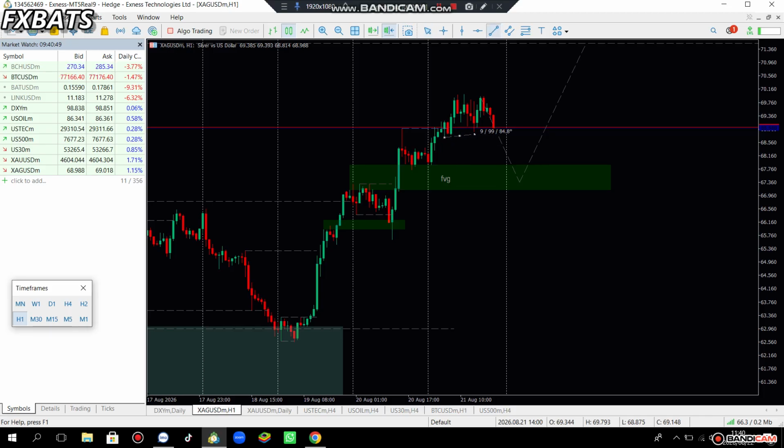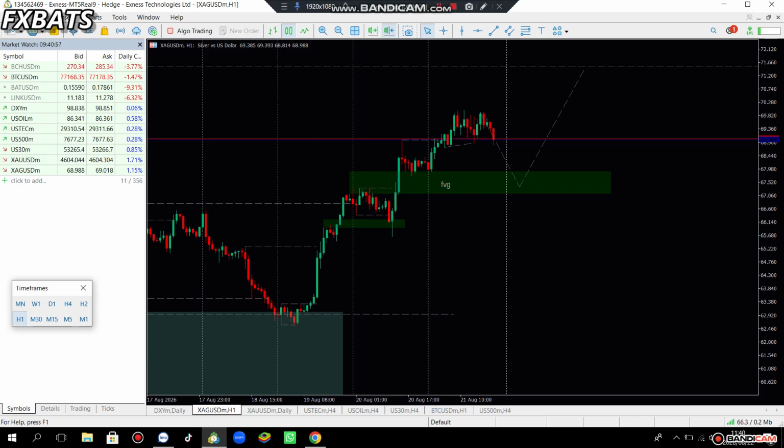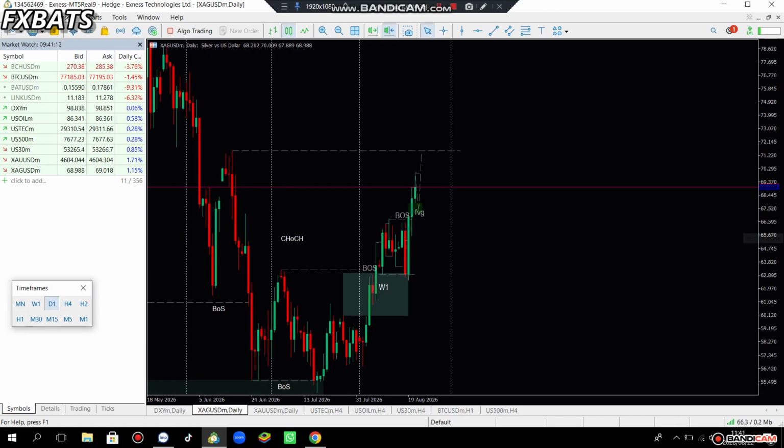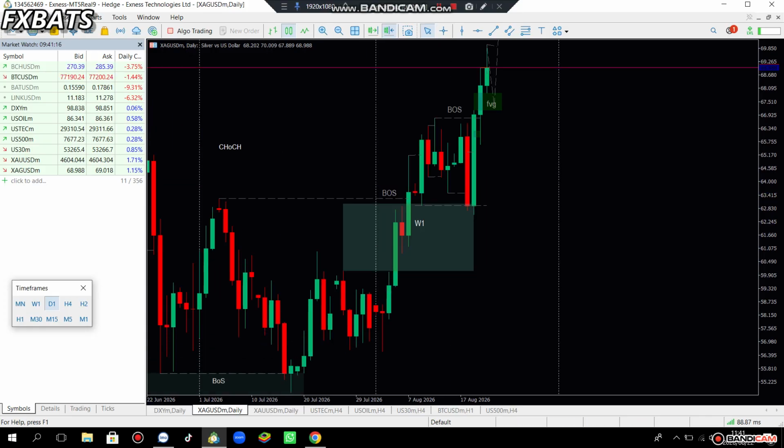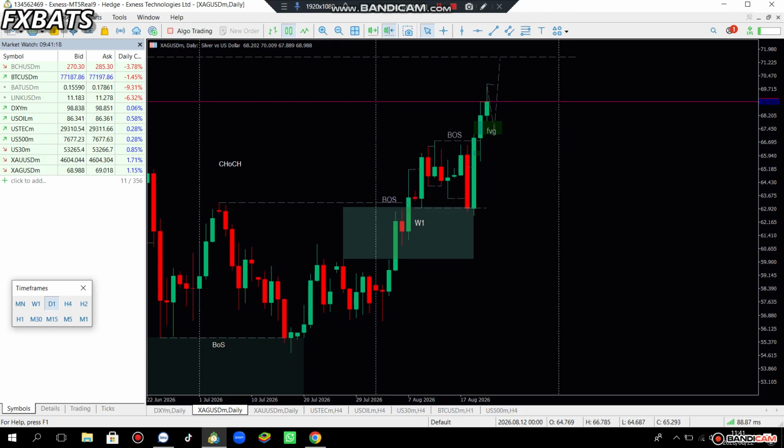We have some liquidity which we need to take out. Price should tap this daily fair value gap, then we would wait for a market structure shift or a market maker buy model to see that we could buy, targeting the buy side liquidity resting above. So this is what you simply see on the daily. Our context area is our bullish fair value gap. This is what we have for silver.